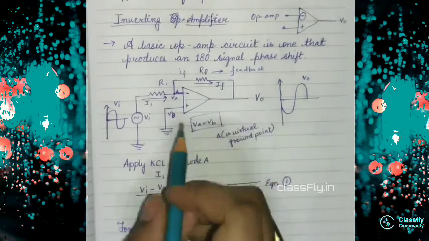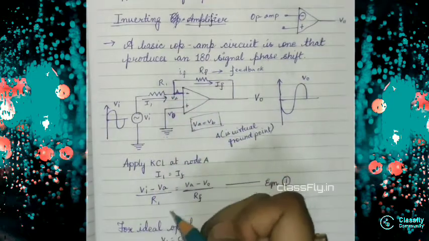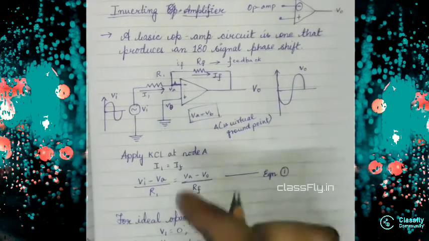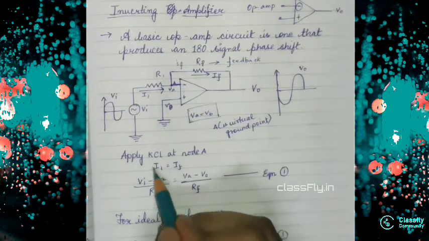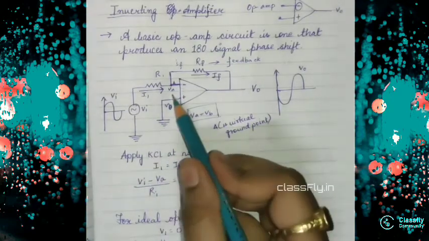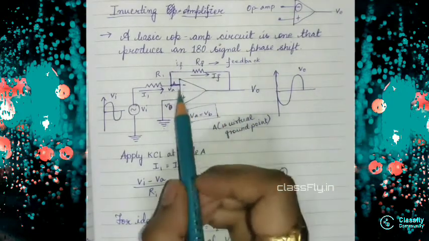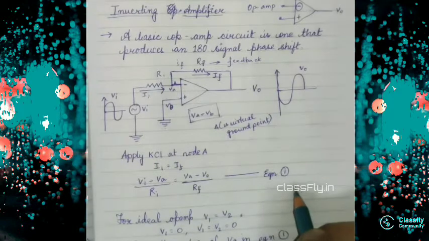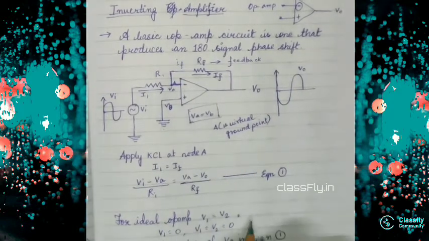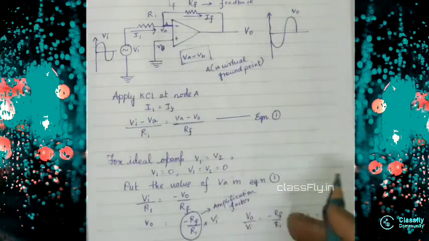If we want IF, we know that I is equal to V by R, right? So we have Vi minus VA over R1. Simply I have written this: voltage by resistance equal to, now I have to find IF, so VA minus V0 by RF. So I got equation 1, right? For an ideal op-amp, V1 is equal to V2. What is V1?